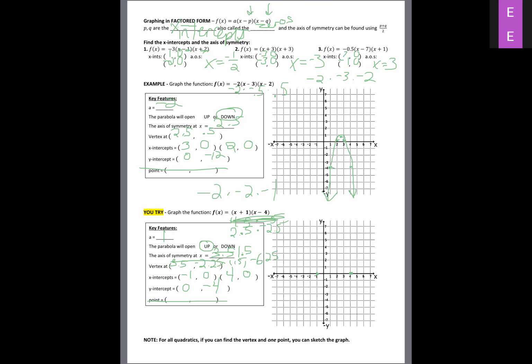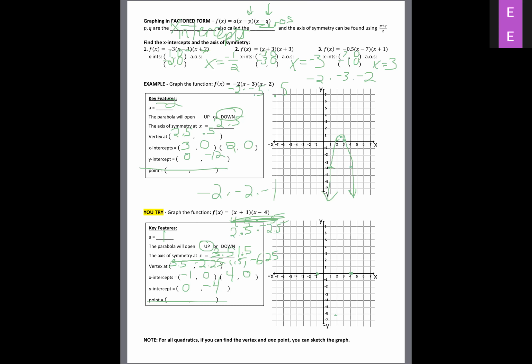So 1.5, -6.25, right about there. Okay, I have enough to pop in that y-intercept and mirror that over. Right there. Okay, looks good. Not bad, not bad.